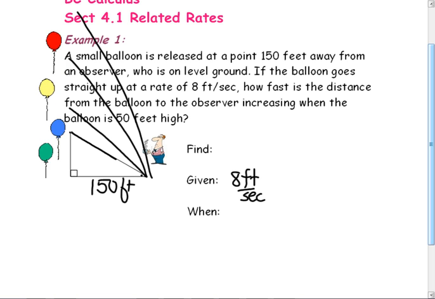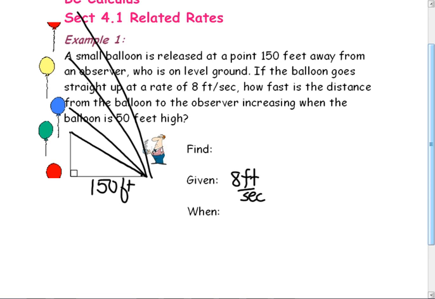I want this distance, how fast it's changing. I can find the distance, but I don't want that. I want the change, how fast the height is changing. But I'm just doing this as an example.